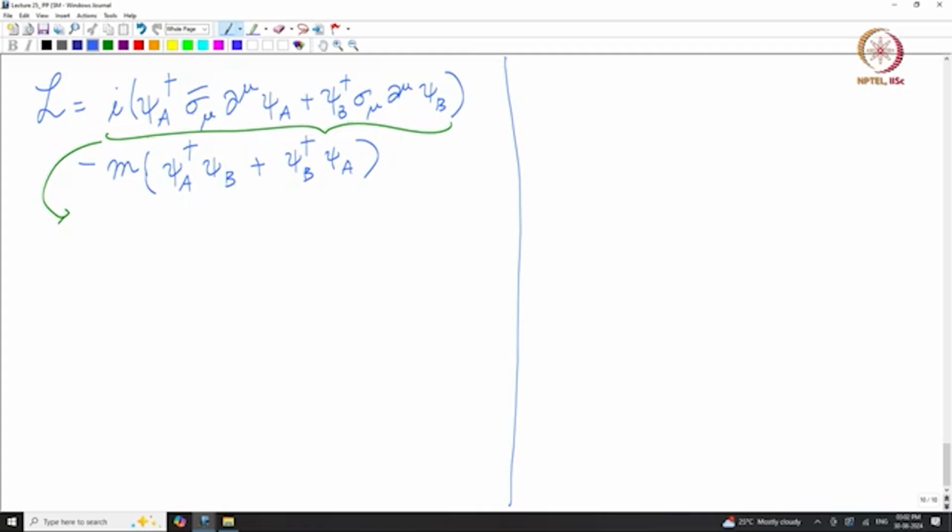Why? Because indeed psi A and psi B are Weyl spinors which are independent representations of the Lorentz group.